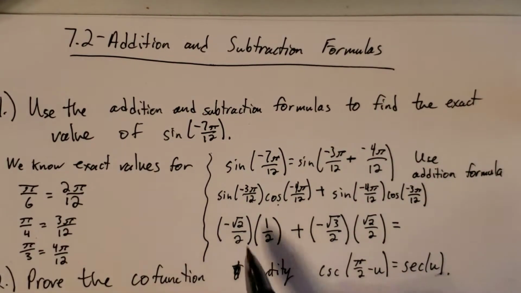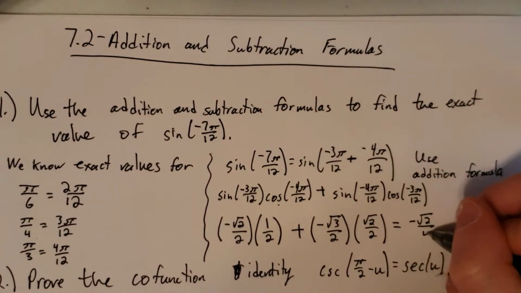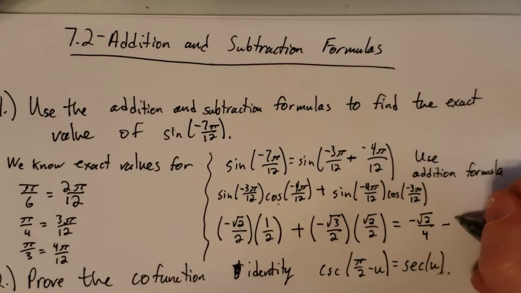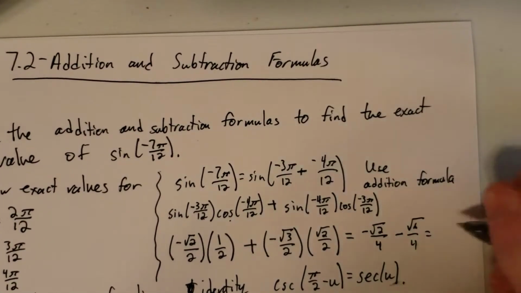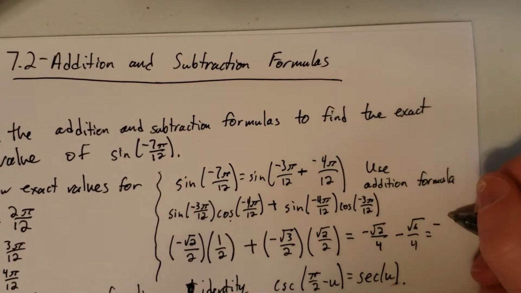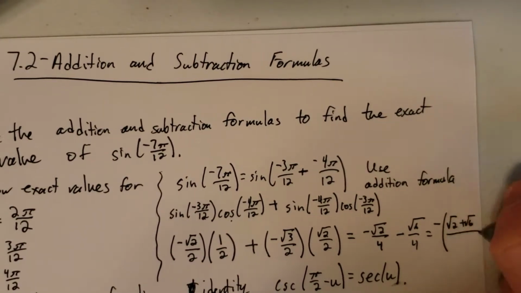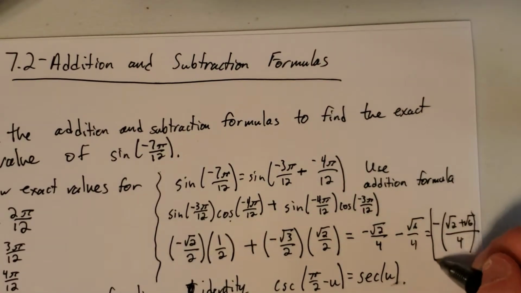Put this together, we get negative root 2 over 4 minus root 6 over 4. So we combine those, factor out a negative out of both of those, and we get negative root 2 plus root 6 all over 4. And there's our answer.